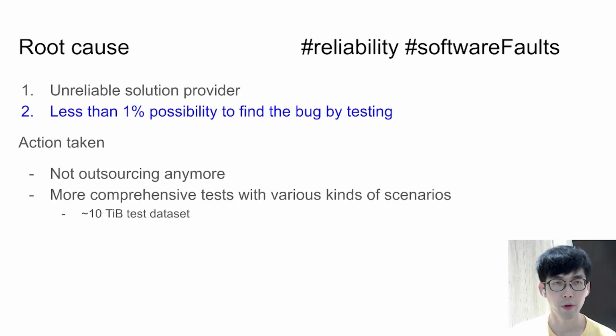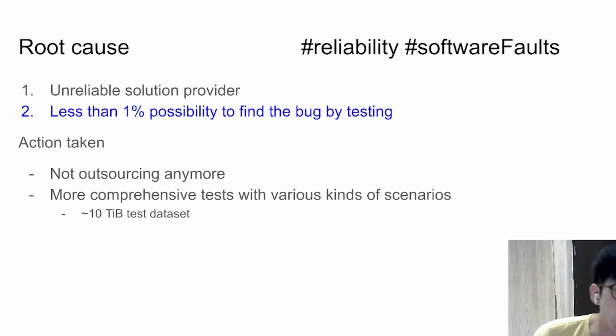So the root cause is obvious. We had an unreliable provider. But why couldn't we figure out the problem before we deployed it? Remember, the data is affected by this bug only if its size is a multiple of the block size. And as the block size is 128 bytes, we only have a 0.7% chance to find the bug by testing.